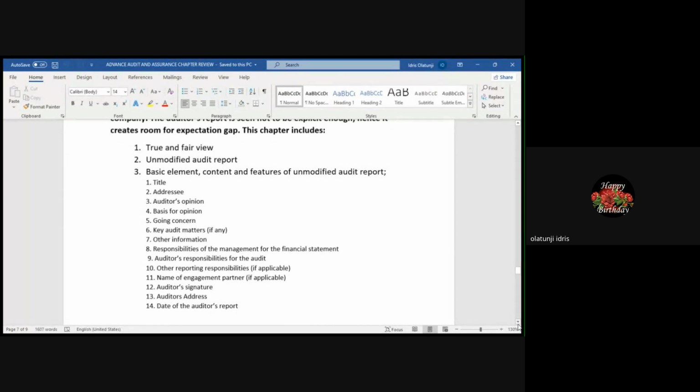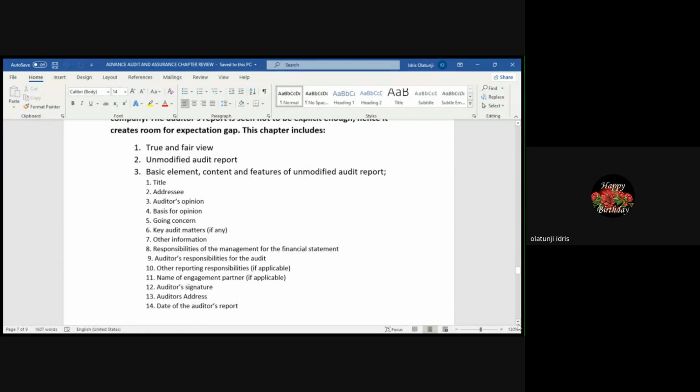We have the title page. We have the addresses, that is the address of the what? Of the company, the auditor's opinion, the basis for opinion, the going concern, the key audit matter. That is ISA 701, if it's any. I've explained the meaning of key audit matter, but we are still going there. The key audit matter, other information, then responsibility of management for the financial statement.